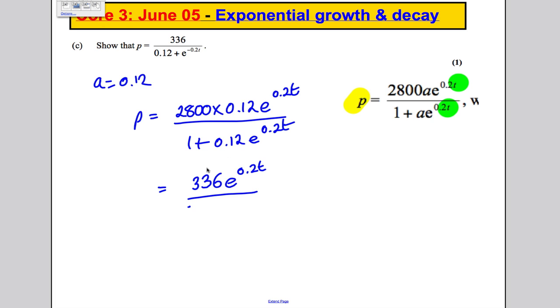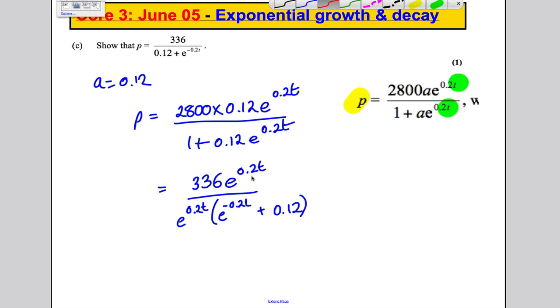Oh, it's not quite the same here. I realise that's not actually quite the same, because what they've done here is that they have factorised out on the bottom e to the 0.2t. They have taken that out as a factor. Now 1 divided by e to the 0.2t is e to the minus 0.2t, and then you would have plus 0.12.